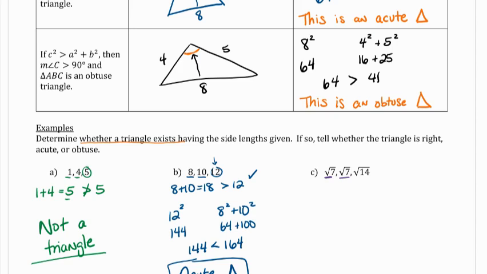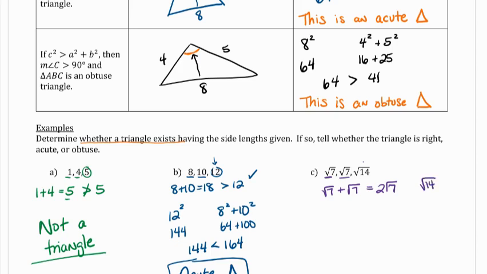But remember, you can always just type these into your calculator and get approximations if that's easier for you, right? If you need to double check it. Okay, so if I do radical 7 plus radical 7, that would be 2 radical 7, right? I can add those together because they have the same number inside the radical. And then I want to compare that to radical 14.